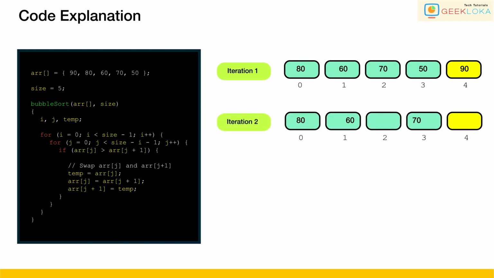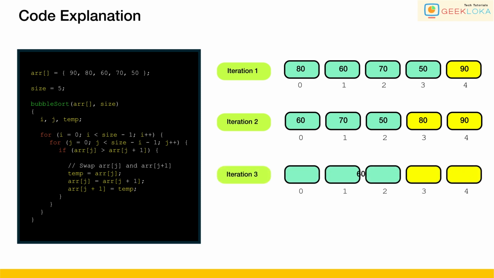Second iteration, we now ignore the last element 90 as it's already in place. Starting again, we compare 80 and 60, then 80 and 70, and finally 80 and 50, swapping each time. The array after this iteration is 60, 70, 50, 80, and 90.